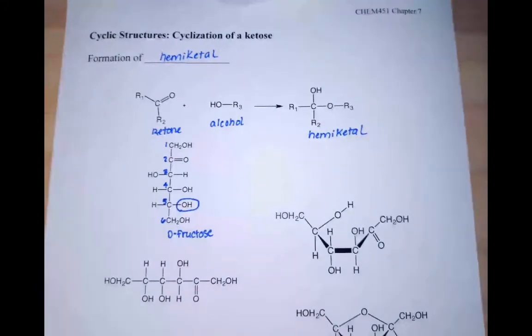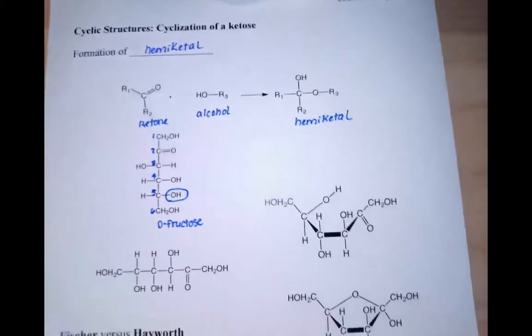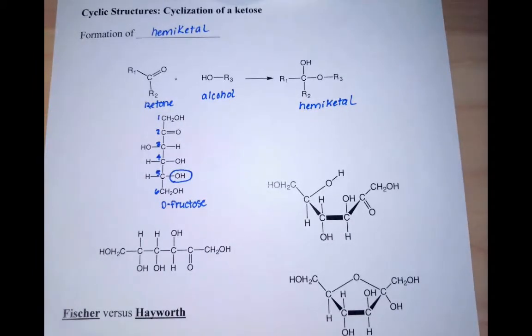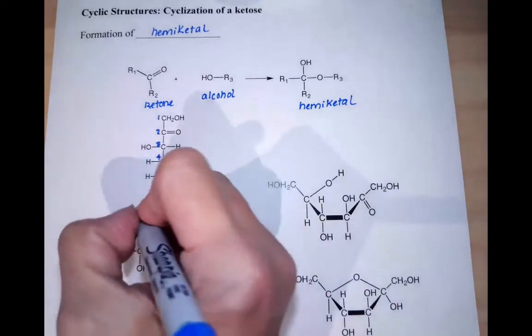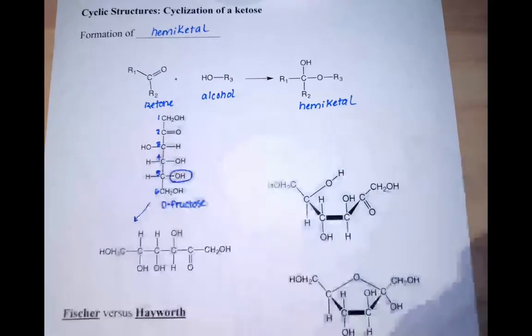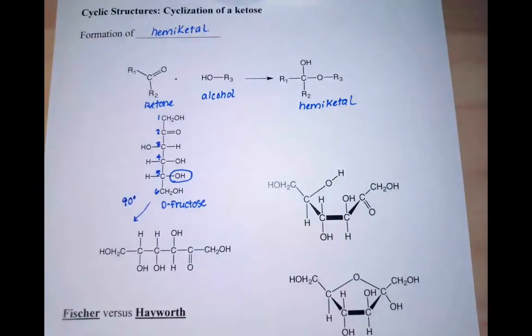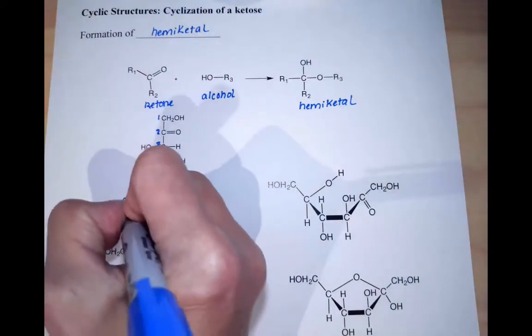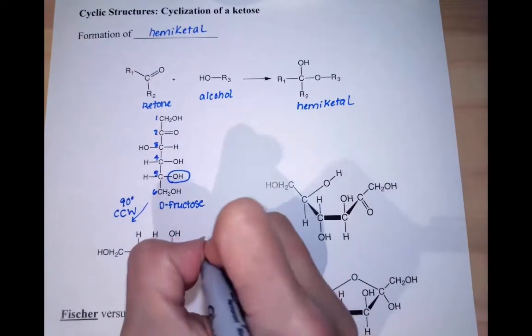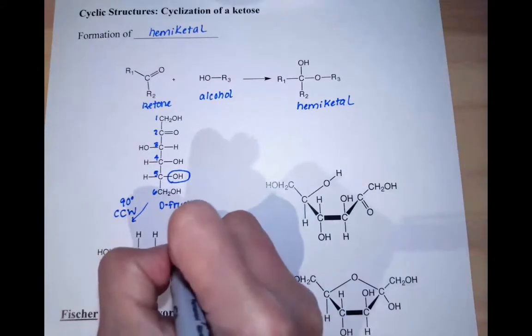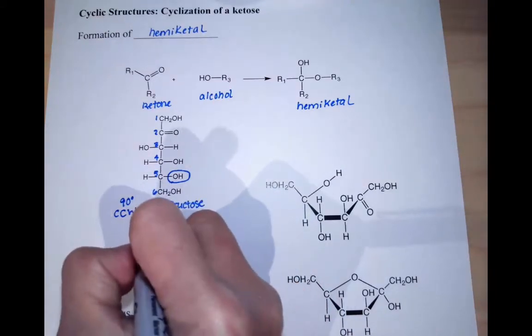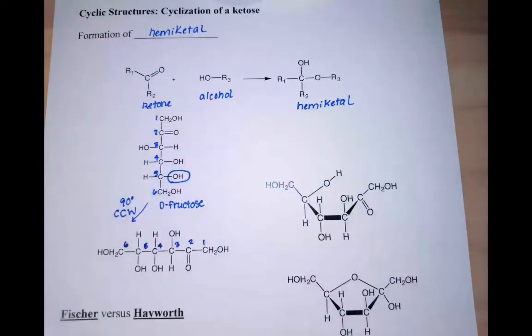So again, let's just go ahead and go through the reaction, but you should realize that it's almost identical to the hemiacetal reaction. So D-fructose, let's put it on its side by twisting it 90 degrees counterclockwise. So here's carbon number 1, 2, 3, 4, 5, and 6.